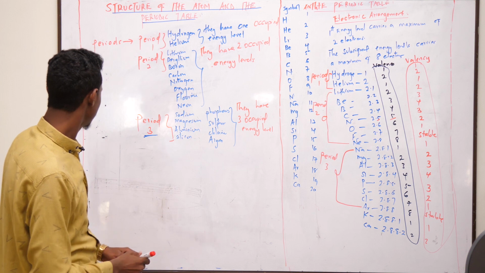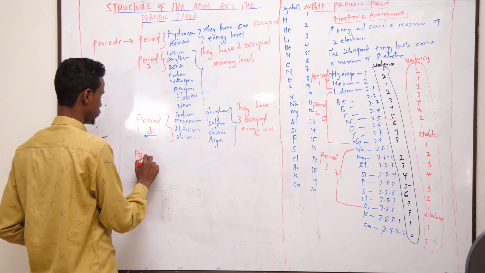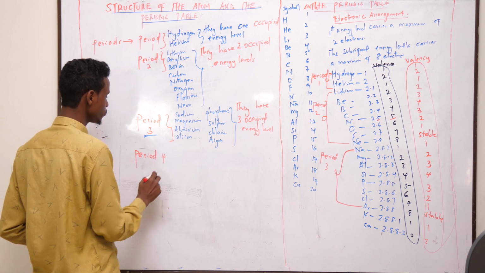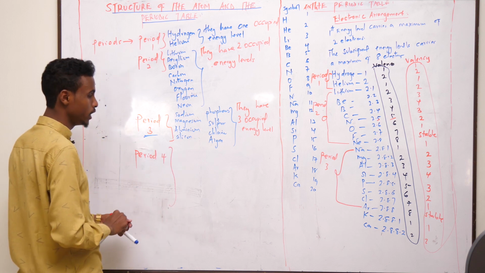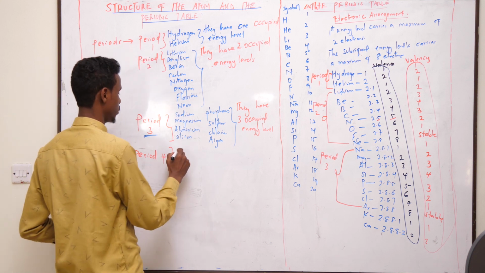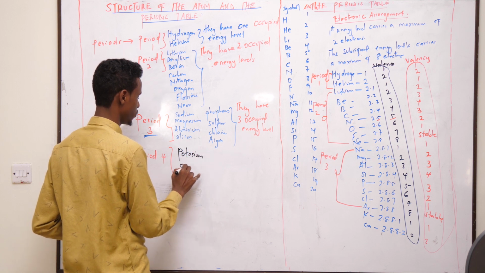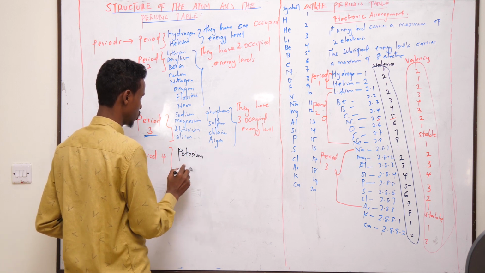And lastly, period 4. In period 4 we have only 2 elements: potassium and calcium.